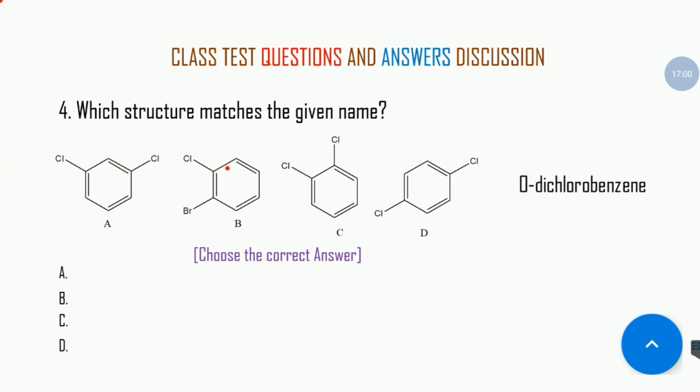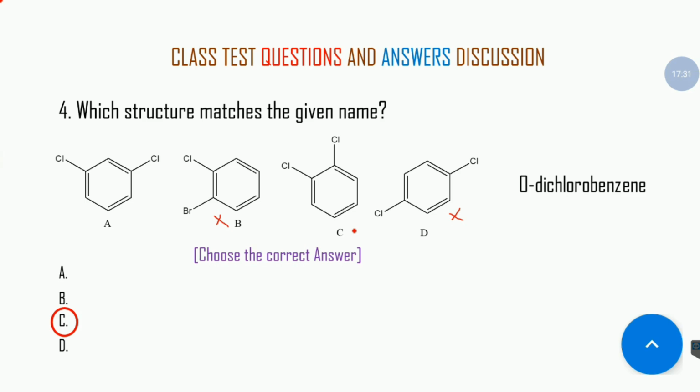Next, it's all about chloro, bromine is not there, so this one is not possible. Here is para and here is ortho, so this one is not possible. Here is para and ortho. Which one is alphabetically first? Ortho. And 2 chlorines are there as substituents, so it's dichlorobenzene. So your correct answer is option C.